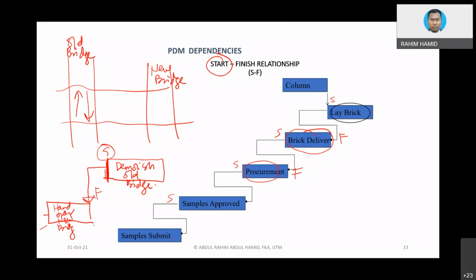It emphasizes the very important connection there. You simply cannot start demolition of the old bridge unless you hand over the new bridge. When the new bridge is handed over, meaning people can use the bridge, then the demolition of the old bridge can begin. That is an example.